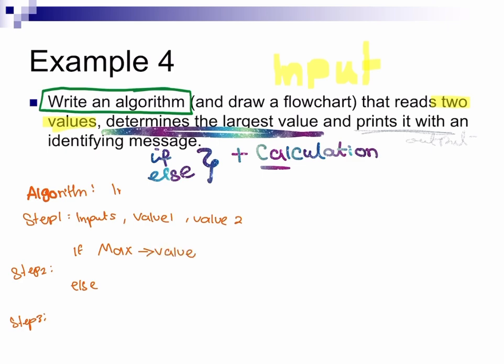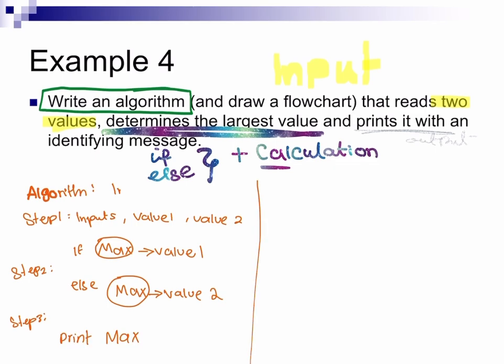And in our second statement, the maximum number is value 2. So if the maximum number was value 1, we want to print that the maximum number is value 1. If it wasn't, we're going to have it print value 2. So step 3, our outputs: we want to print the largest value, which is max.